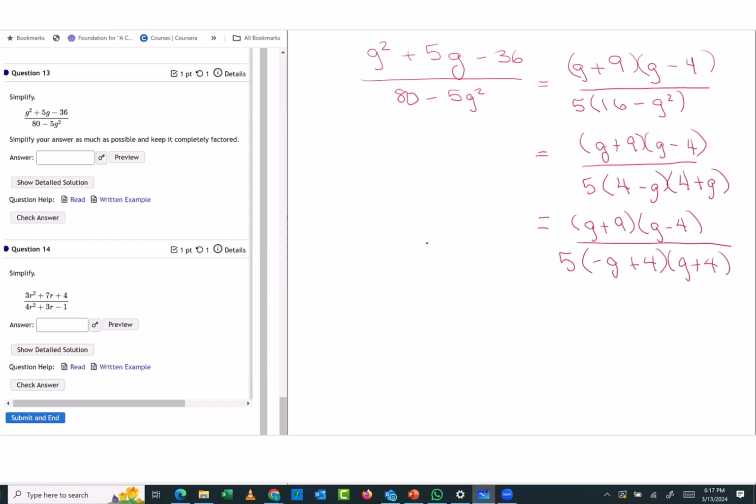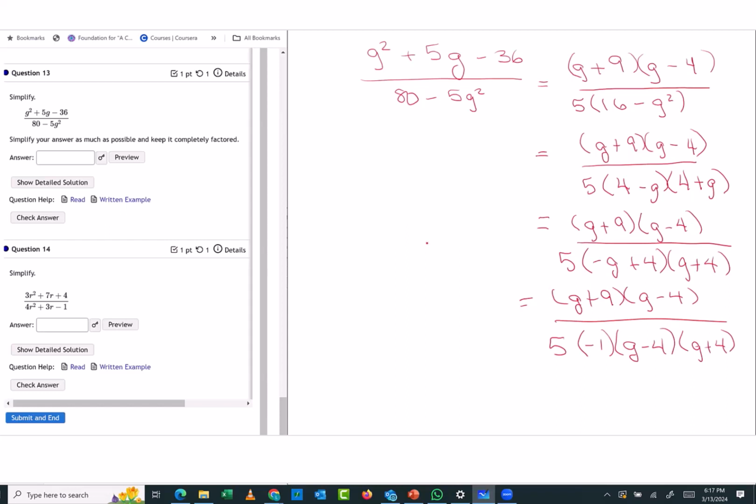Still no match, but remember, I like to have my leading term always positive. That means this negative g plus 4, I'm going to factor out a negative 1, and I get g minus 4. And then I get g plus 4.